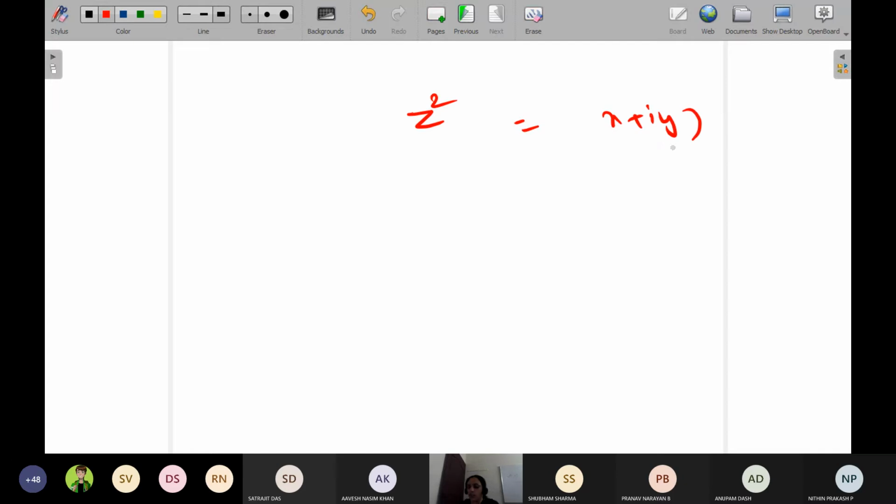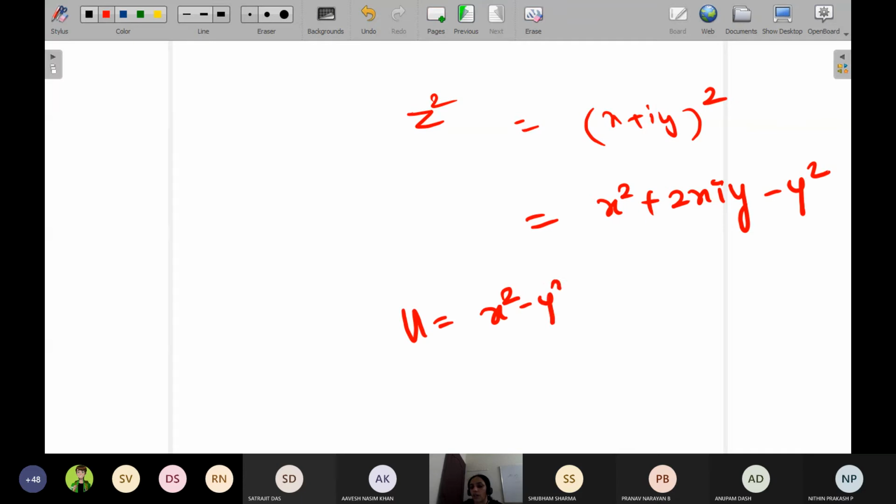What is X plus IY the whole square? X square plus 2X IY minus Y square. So here U is equals to X square minus Y square. What is your V? V is equals to 2XY.